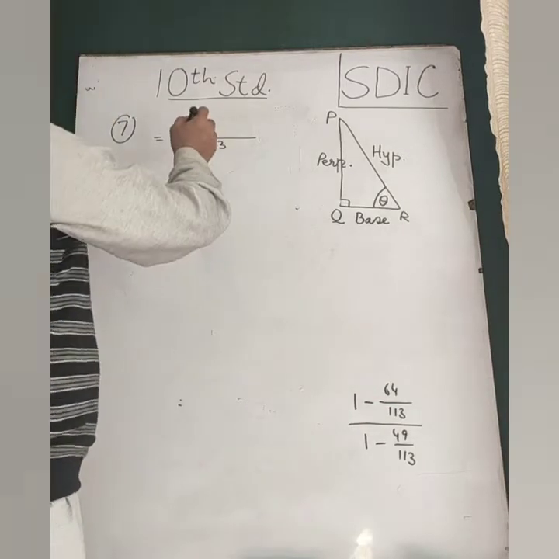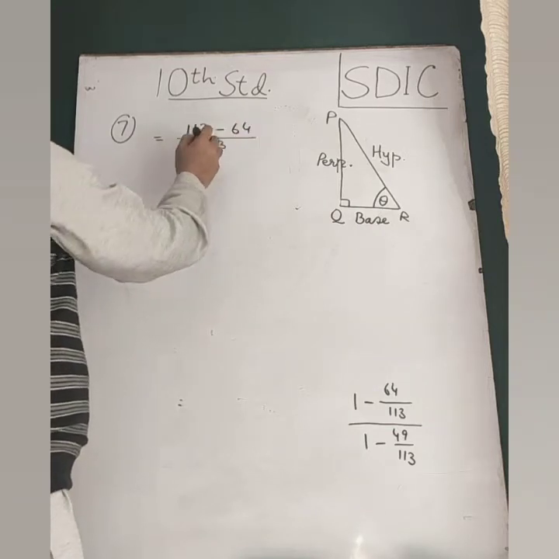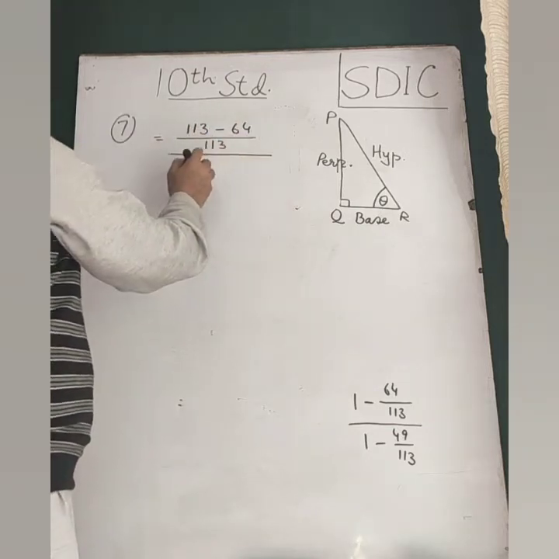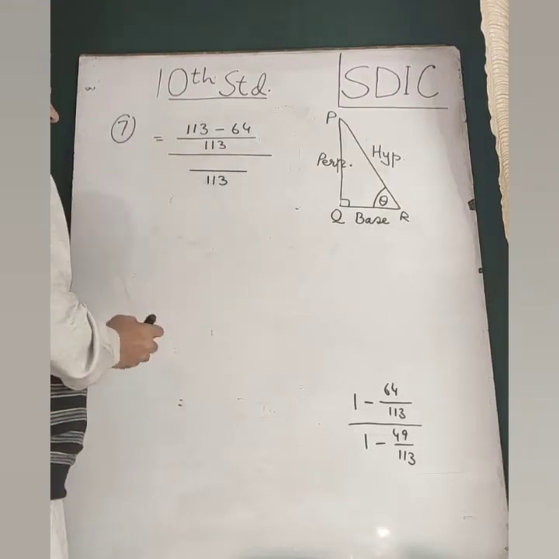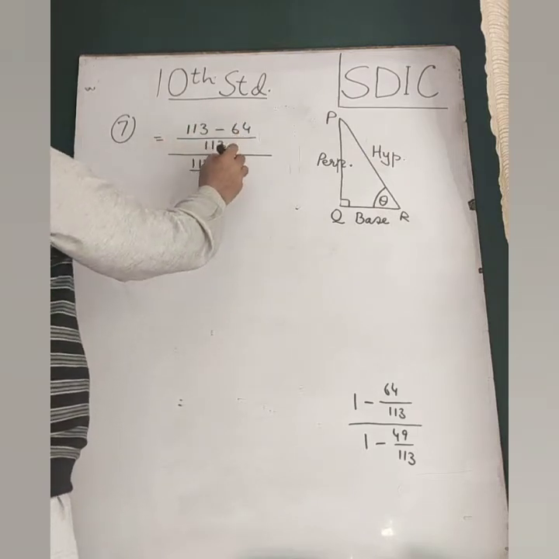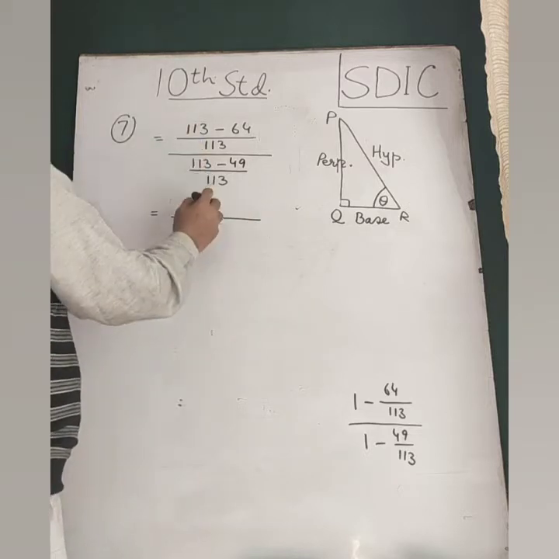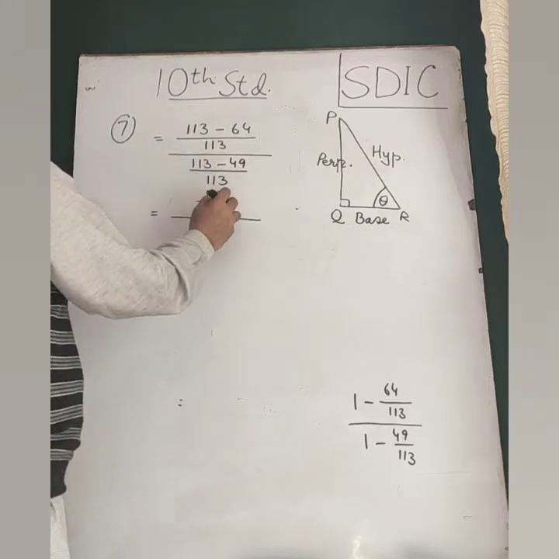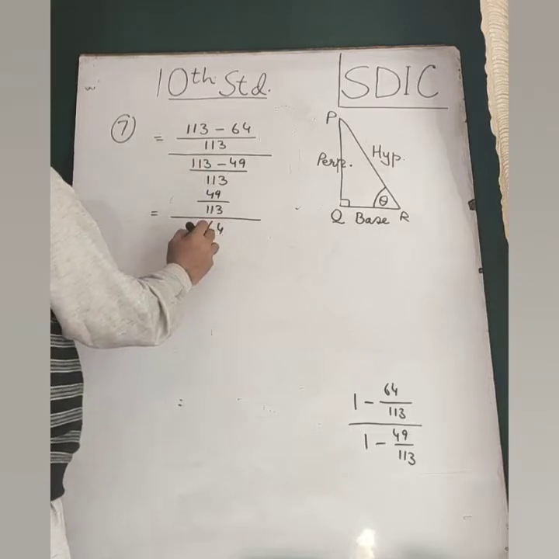Now what will be the numerators? 113 minus 64, whole divided by. In the denominator also you have to find LCM. Again it is 113, and the numerator will be 113 minus 49. Simplifying further, when you subtract these, you'll get 49 by 113. In the denominator, when you subtract, you'll get 64 by 113.